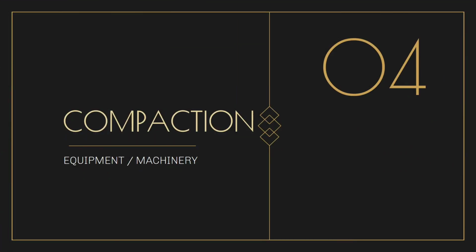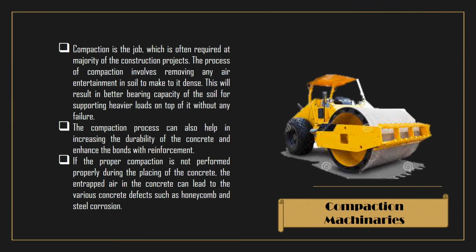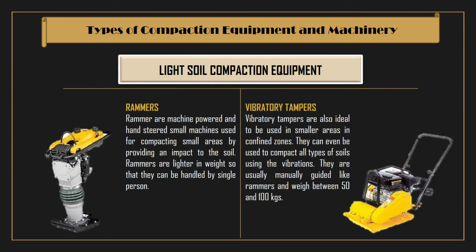Compaction equipment or machinery. This is a job which is often required at the majority of construction projects. The compaction process can also help in increasing the durability of the concrete and enhance the bonds with the reinforcement. Types of compaction equipment and machinery.